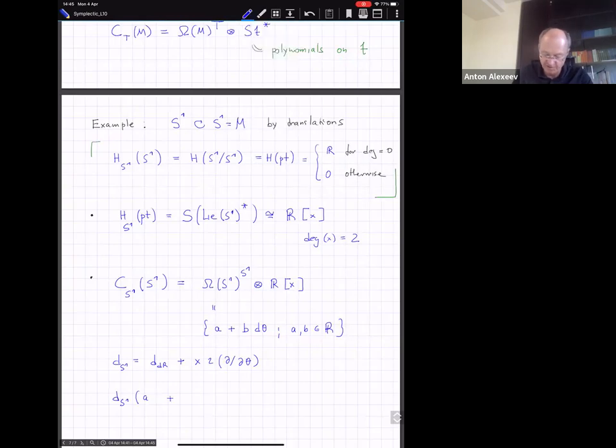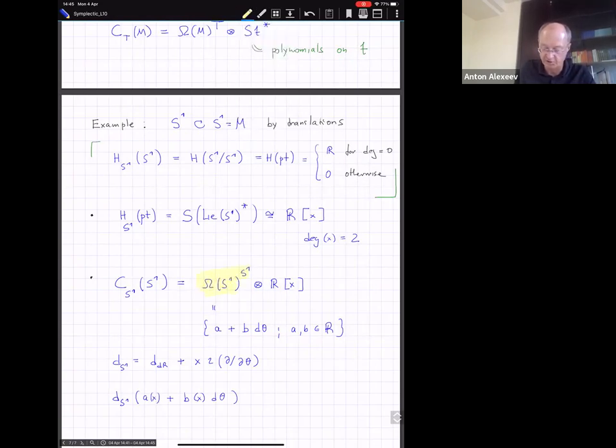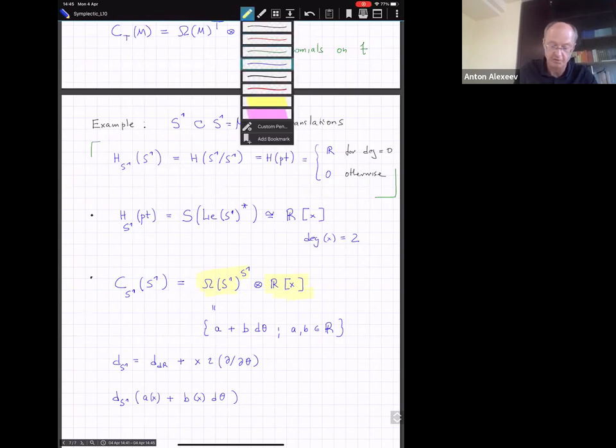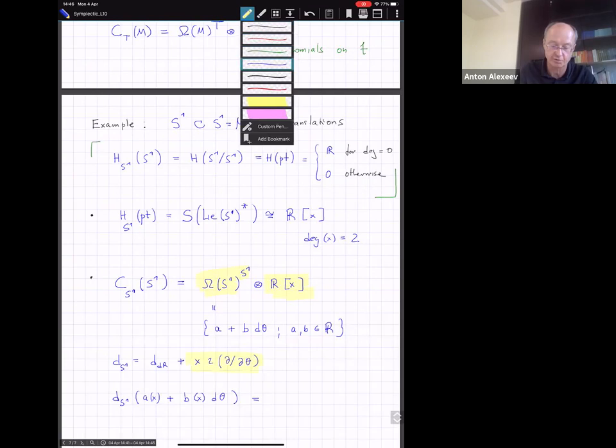Here it might be slightly more convenient to think that those A and B are polynomials in X. So now I'm putting together this gadget and that gadget. A and B were constants, but actually I should tensor multiply by polynomials of X, so I can also put this polynomial dependence in A and B. And what do I get? The de Rham differential simply vanishes because everything is constant, and this second term only acts on the volume form.